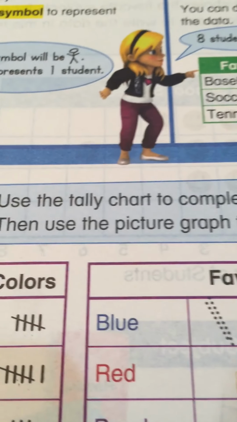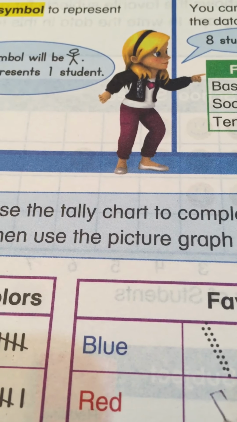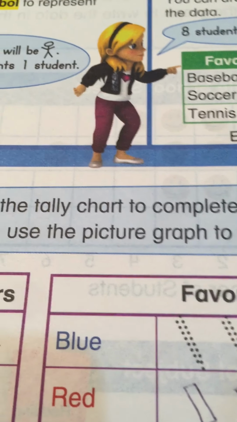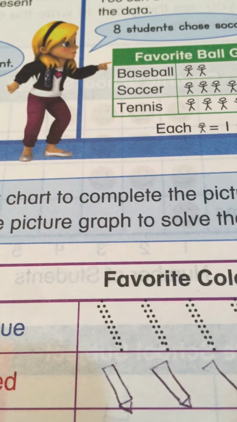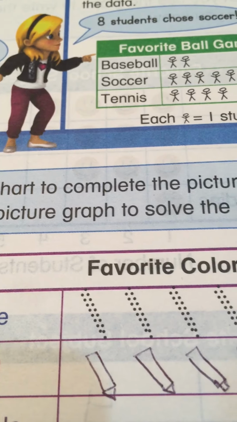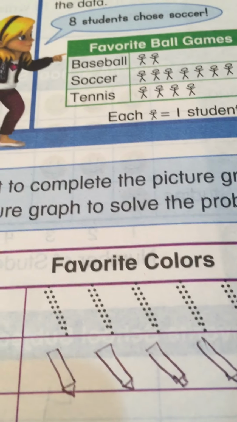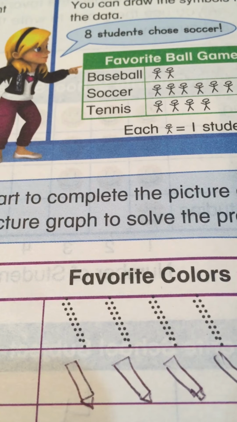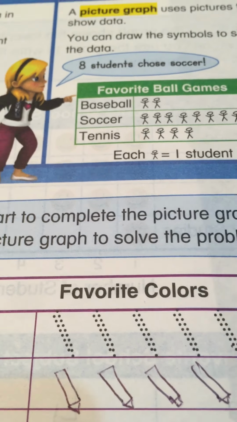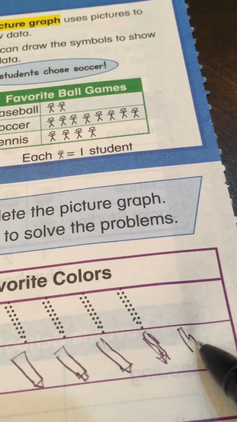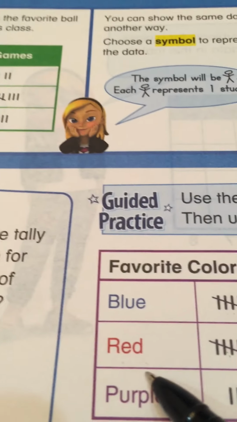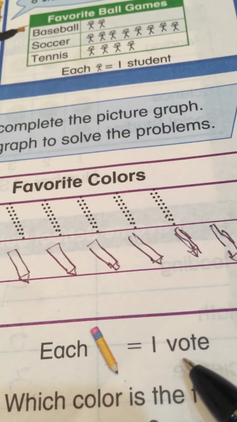Then we're going to do, you remember my ugly drawing, so we will do 1, 2, 3, 4, 5, and 6. So 6 pencils are representing the red. Here 1 pencil is for 1 vote.